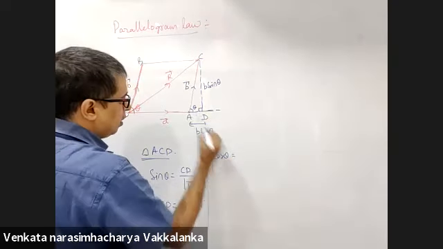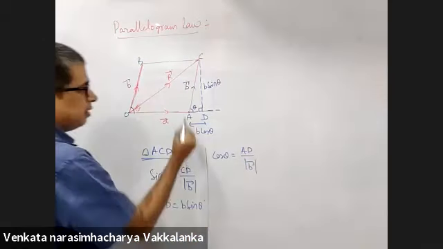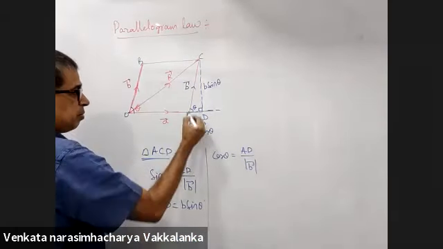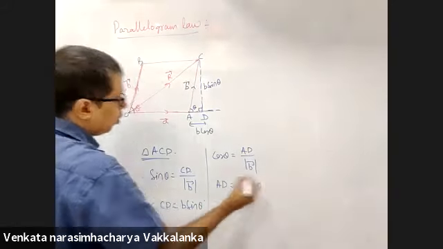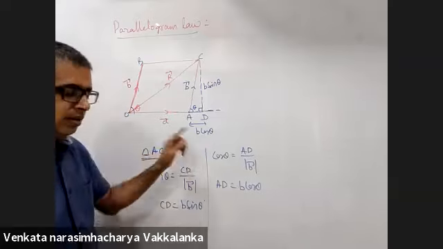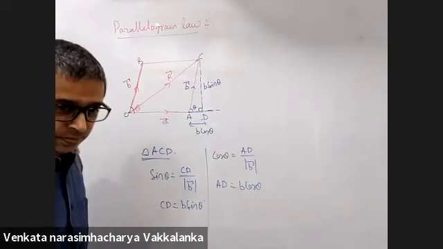Cos theta will be AD by B. Cos theta is adjacent side by hypotenuse, so AD is B cos theta. Till here, is it clear to all? Yes, sir.